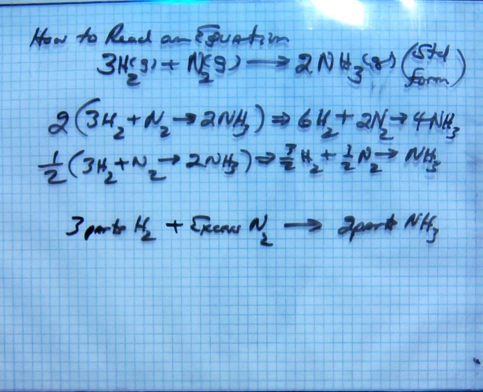But there's something subtle I didn't say. Three parts hydrogen will only take out of this excess 1 part of nitrogen. I don't care if you have a truckload of it. It's only going to pull 1. So that's going to decrease this amount just by 1 mole or 1 part.